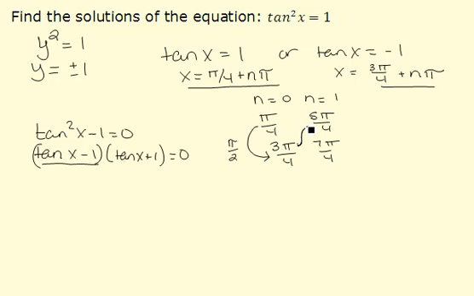Getting from 3 pi over 4 to 5 pi over 4, again I added 2 pi over 4 units, or pi over 2. Therefore, my solutions occur every pi over 2 units starting at pi over 4. Therefore, I could write one general solution as x is equal to pi over 4 plus n pi over 2.